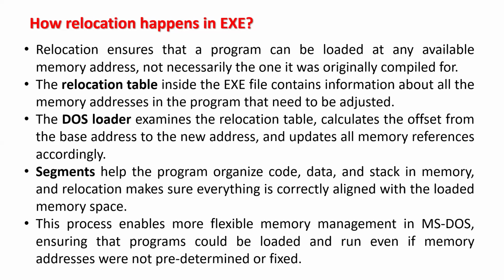Further, all segments will be updated. The loader applies the necessary adjustments to the instructions, that means addresses or data references in the program. This ensures that when the program runs, all memory addresses point to the correct location in memory.